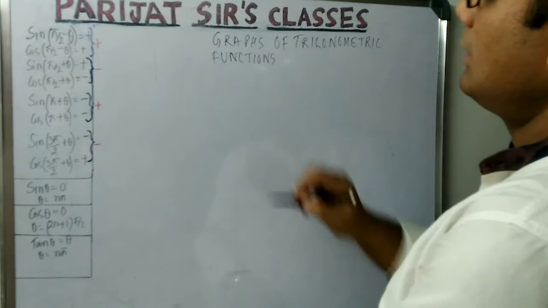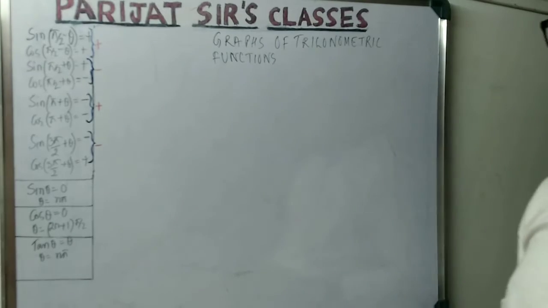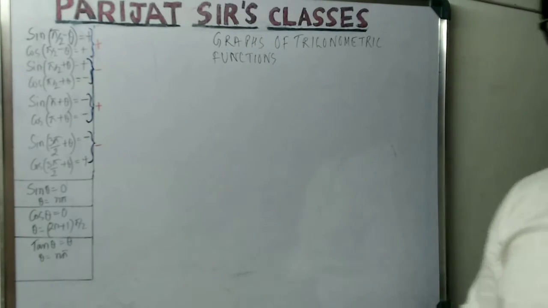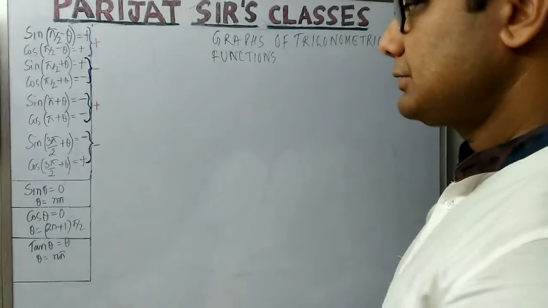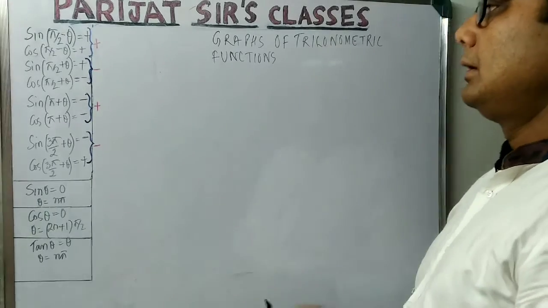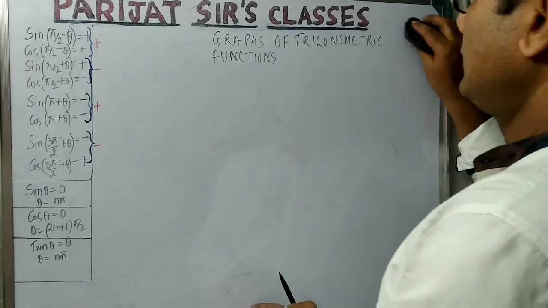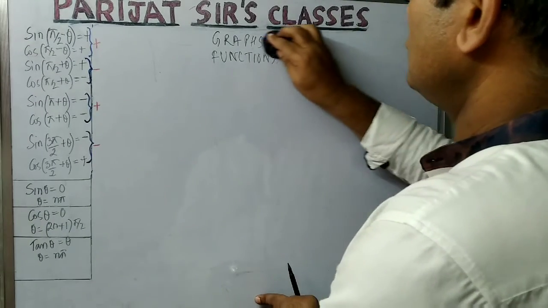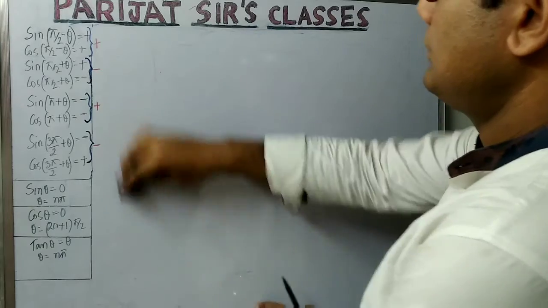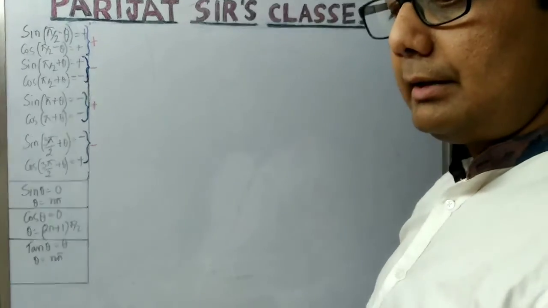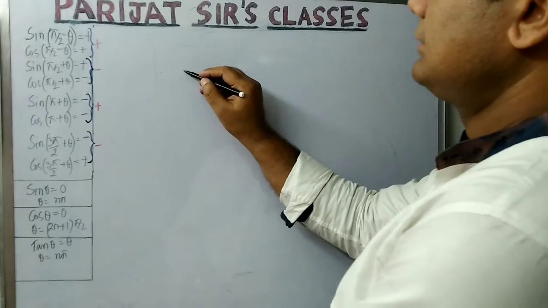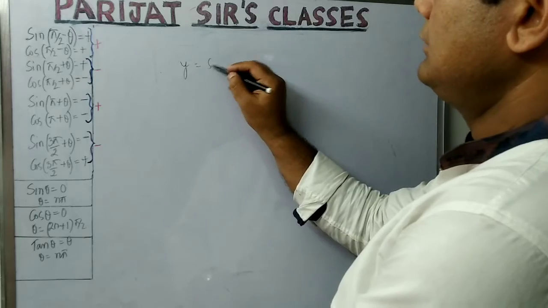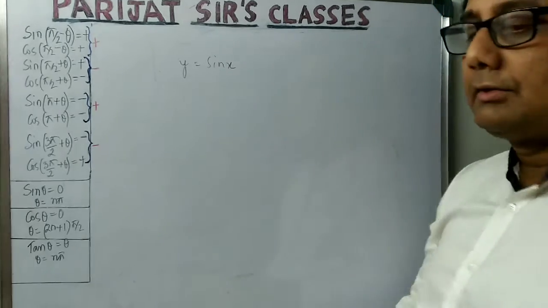First of all, graphs of the trigonometric functions. Let us first start with the graph of y equals sin x. Let us start with the graph of y equals sin x.